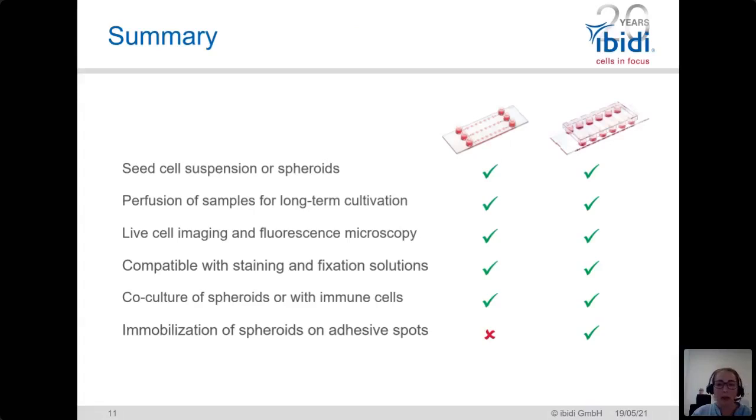The micropatterning also immobilizes the spheroids and therefore allows tracking of single cells because the spheroids are not moving around. One thing I didn't mention yet is that both slides can also be used for the co-culture of spheroids from different cells or spheroids with immune cells, for example, T cells.